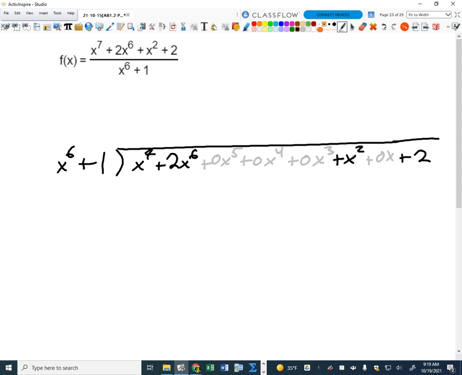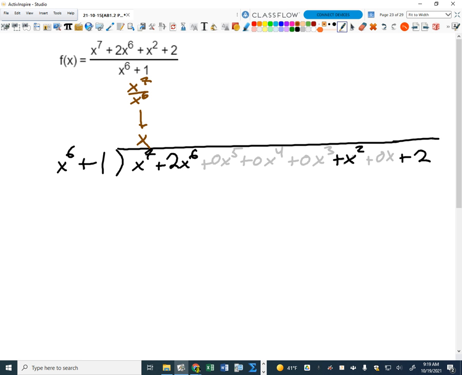So we're really asking for the quotient, what is x to the 7th divided by x to the 6th? Well, that is x. So that's telling me that the first term in my answer is x.